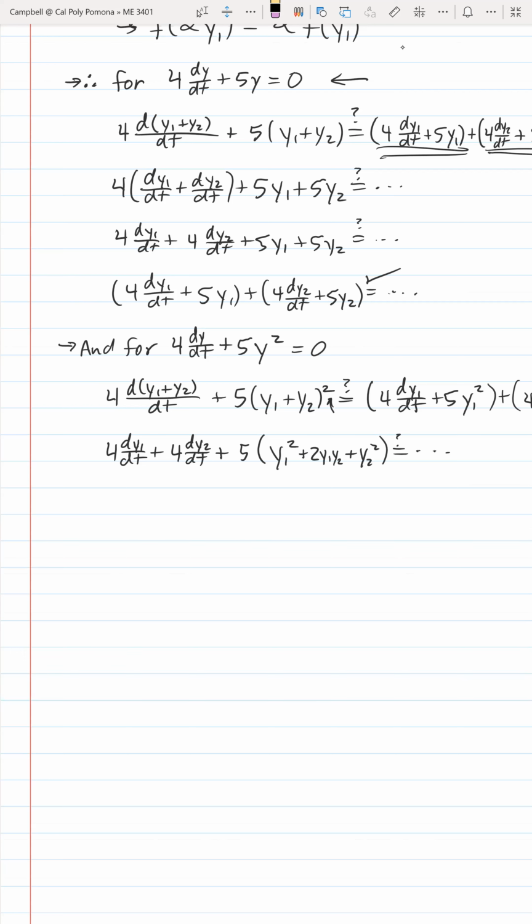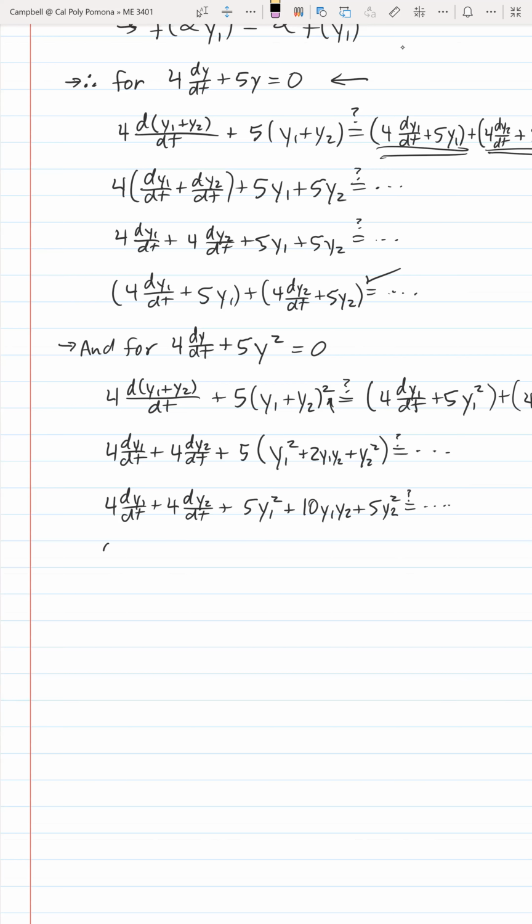But I think you can see, and let's just work it out in its gory detail. 4 dy2/dt plus 4 dy2/dt plus 5y1 squared plus, oh, nope, 10. We need a 10 there. 10y1y2 plus 5y2 squared. And we want to know if that's equal to the right-hand side.